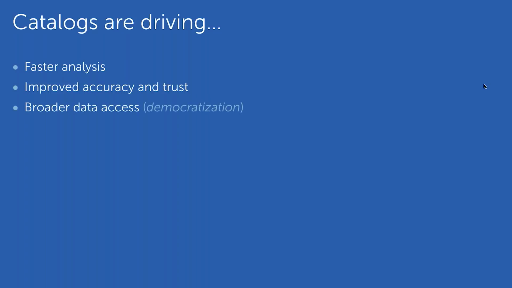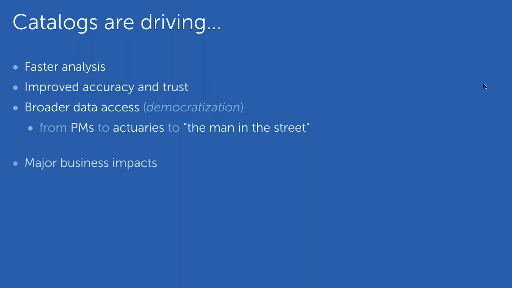A word we hear a lot is democratization, as a goal unto itself and one that helps with business results. And that broader access ranges from product managers at eBay to actuaries at Munich Re to lay people, the man on the street, people at home on their computers with the Streets SD app, or similar things happening in different organizations.